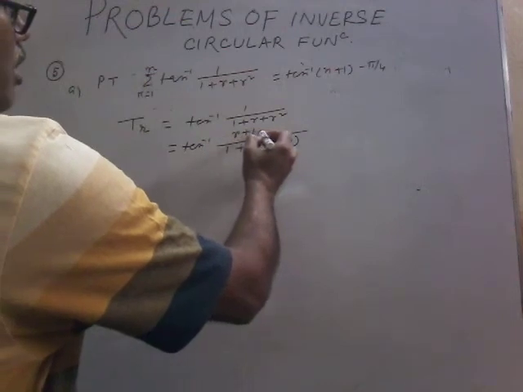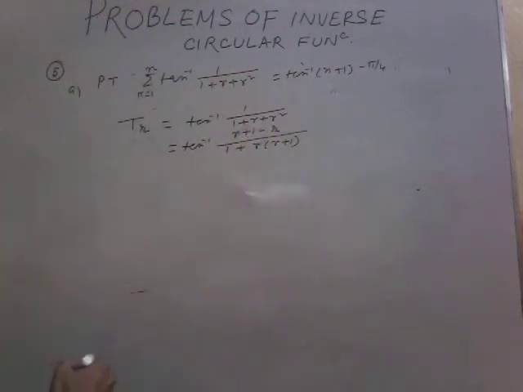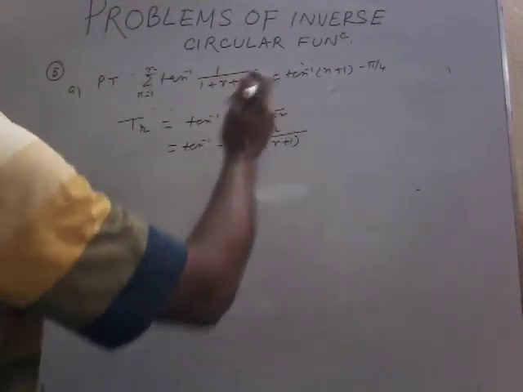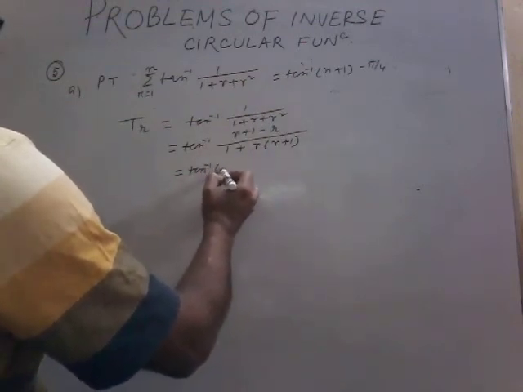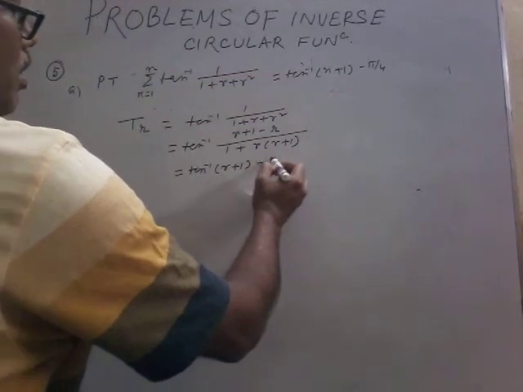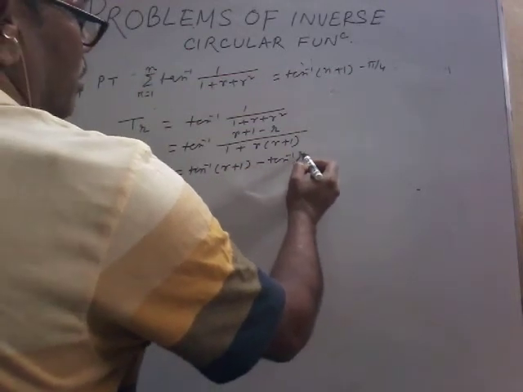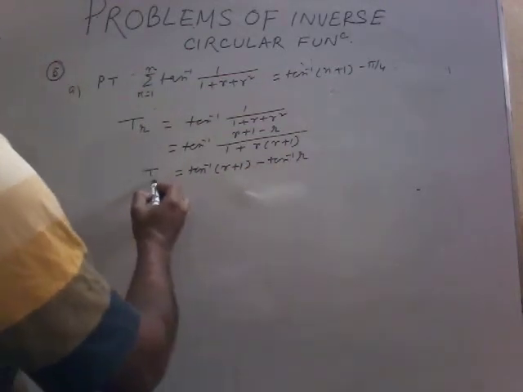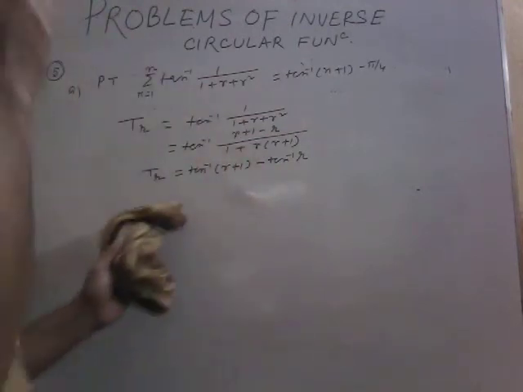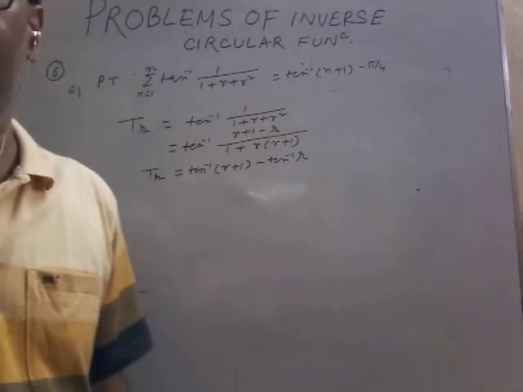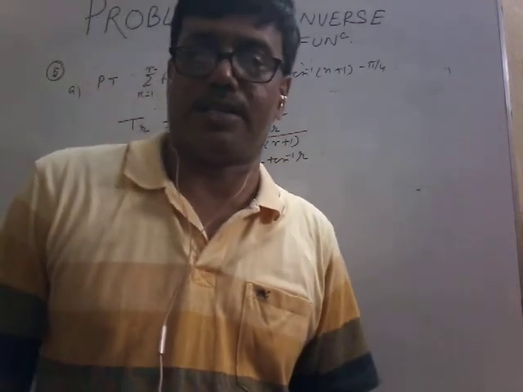So you can write 1 as r plus 1 minus r. So what you are getting? Tan inverse r plus 1 minus tan inverse r. So this is Tr. You complete it. Similarly, taking the sum up to n terms, you get the result.